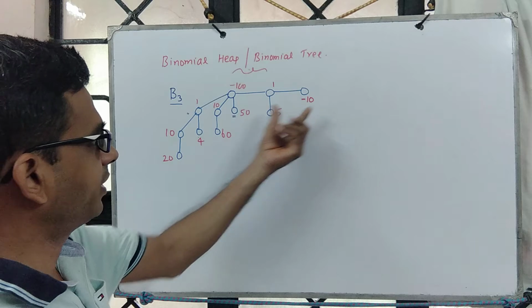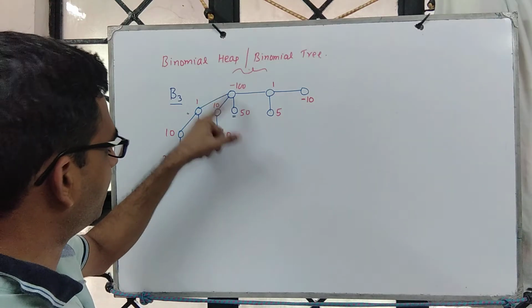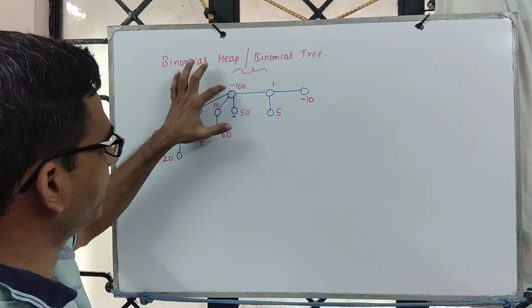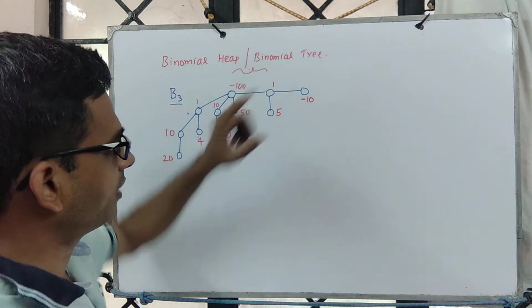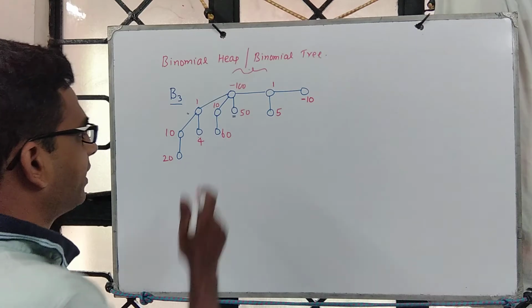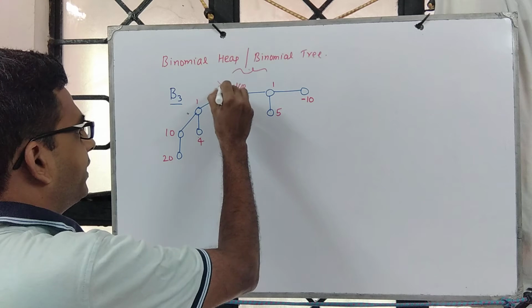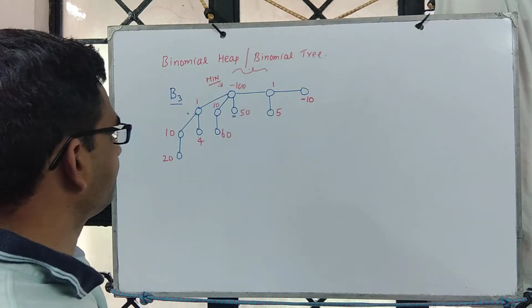This one is a min binomial tree, this one is a min binomial tree, and you see that for this min binomial tree, the root contains the minimum. For this min binomial tree, the root contains the minimum, and so on. And we also saw that we can maintain a pointer which will point to the global minimum.